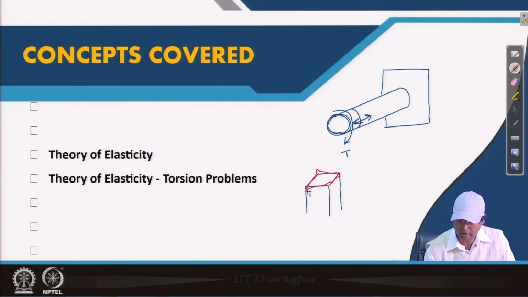And this will continue for all sections. I have exaggerated the thing. It is difficult to draw all the portions, but this out of plane, this corner is coming down and the other two corners are going up. This type of phenomenon is known as warping.